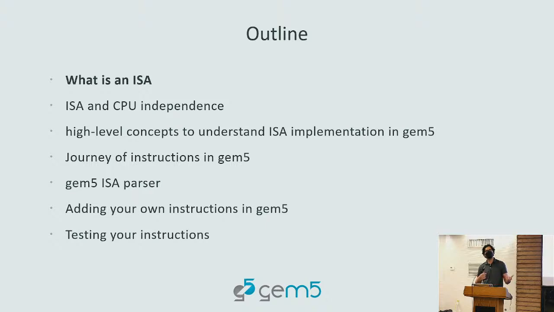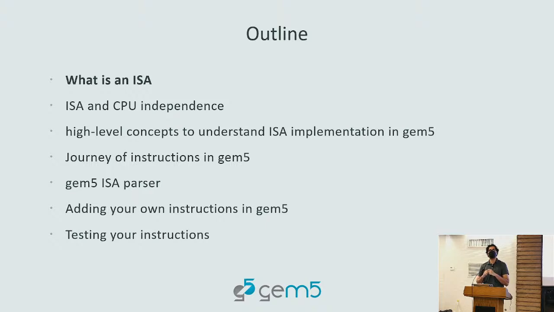Then we'll look at a couple of instructions and try to trace their execution at some points inside gem5, relate that to the corresponding code, and see how exactly an instruction flows through gem5 while executing.